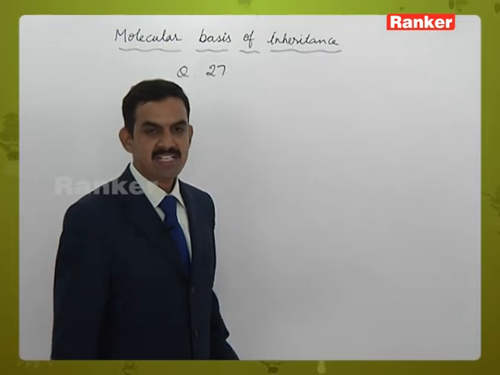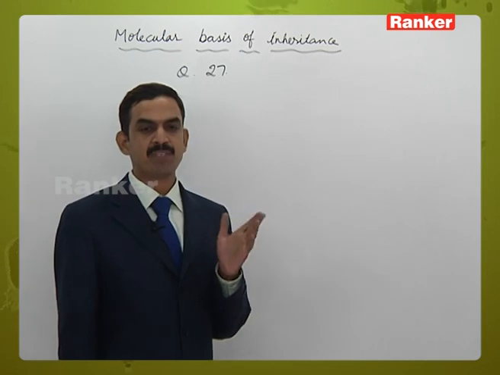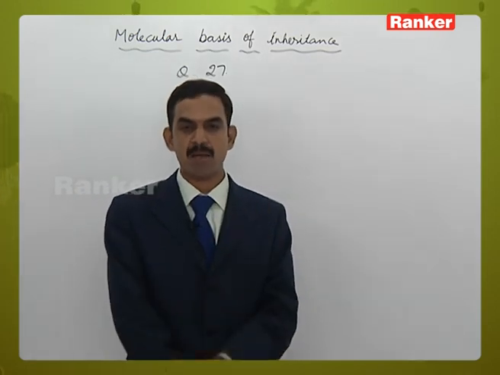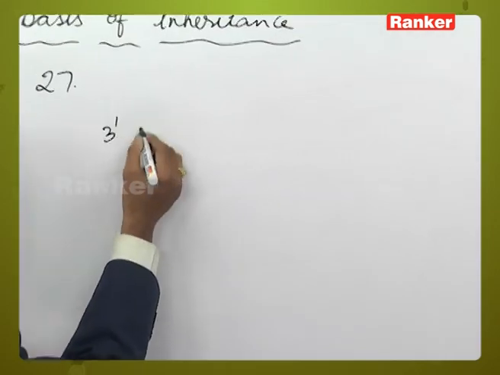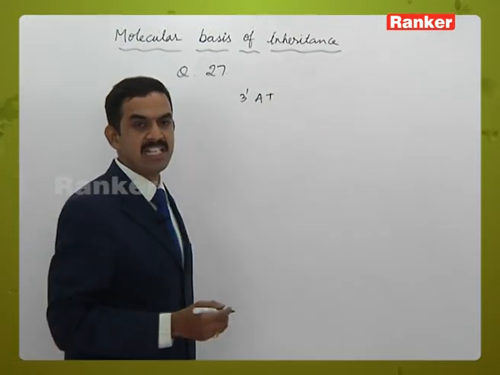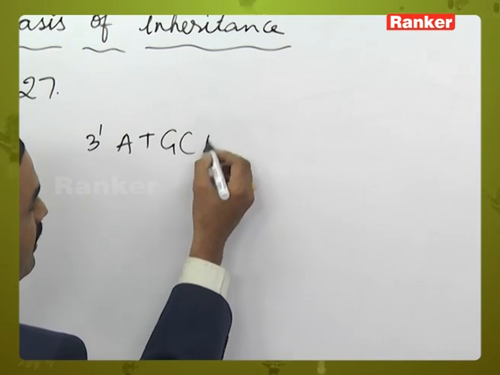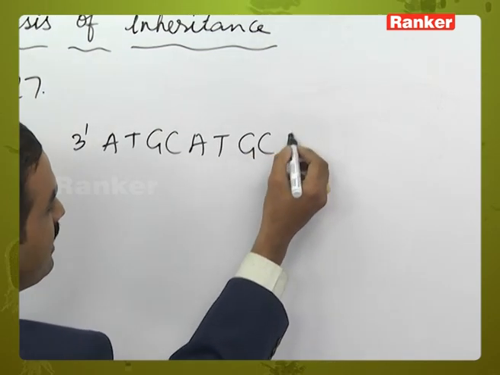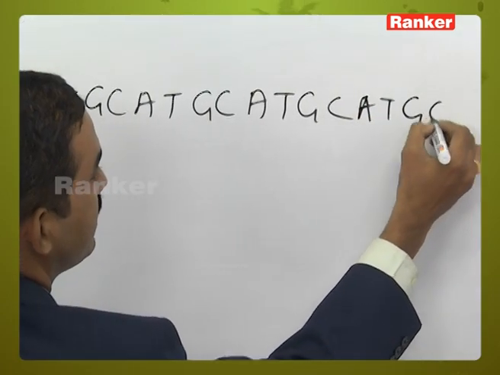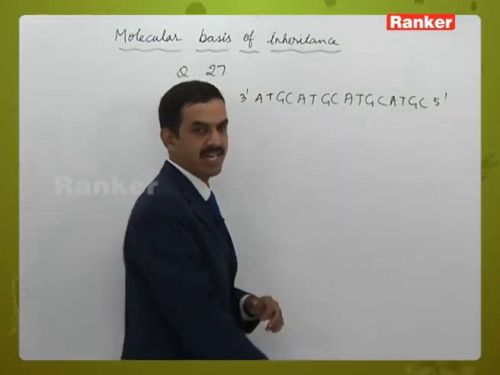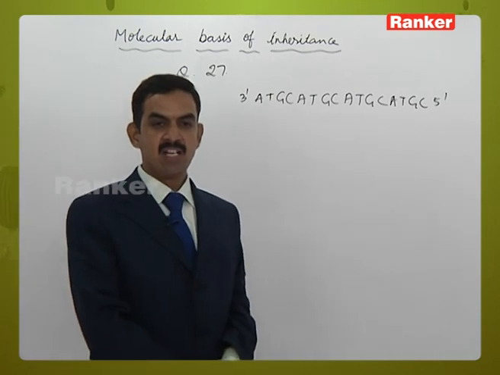Here the 3' template strand and 5' coding strand have been given. The template strand is 3' AT GC AT GC AT GC AT GC 5'.